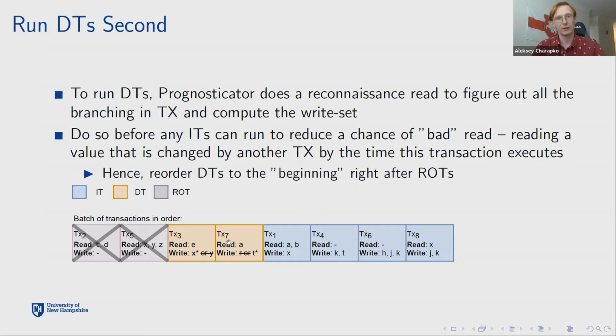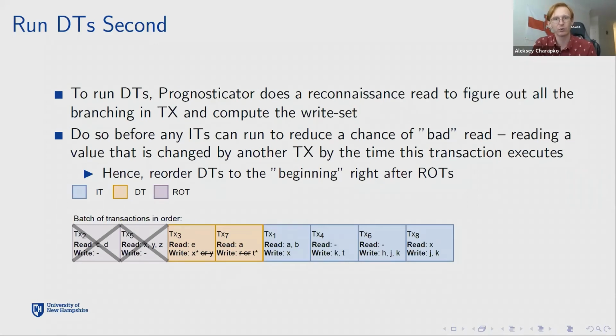So transaction 3 and transaction 7 get reordered in this batch to execute before all these independent transactions. They perform the reconnaissance read of E for transaction 3 to try to figure out whether we're going to write X or Y. And X and Y are keys, right? So these are not values, but we're going to write key X or key Y. Based on the value that we read from key E, in my example, I would say that the write set is going to be X, and I put this little asterisk to signify that this is tentative, right?